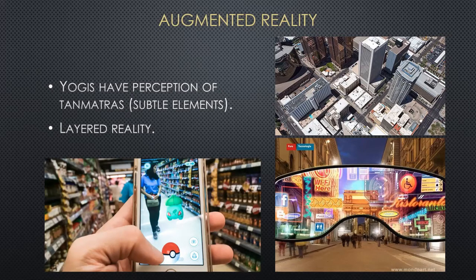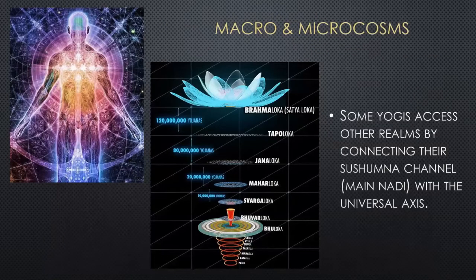It is also said that the yogis are able to have their macrocosm and microcosm aligned. Some of these yogis access these other realms by connecting their Sushumna channel. This is the main channel that runs along the axial direction of the human, from the top of the head down to the perineum, and is the main nadi.